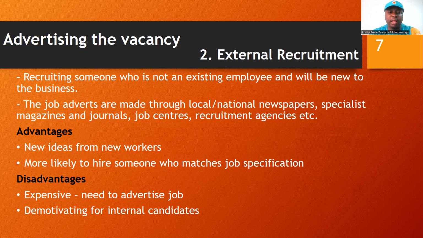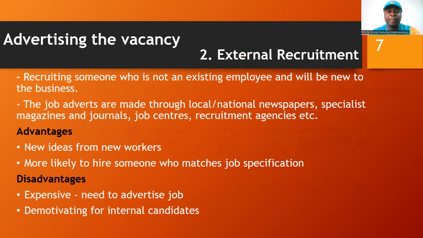And you are likely to hire someone who matches the job specification. Unlike when you're targeting someone from within, you may go on to take them in because you like them, but they may not match the job specification. So it can also be a drawback if you go on to recruit internally.